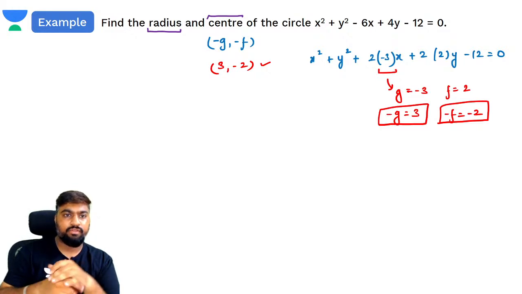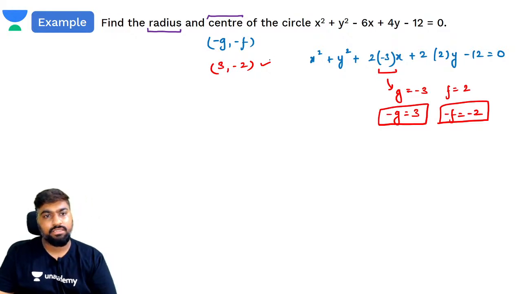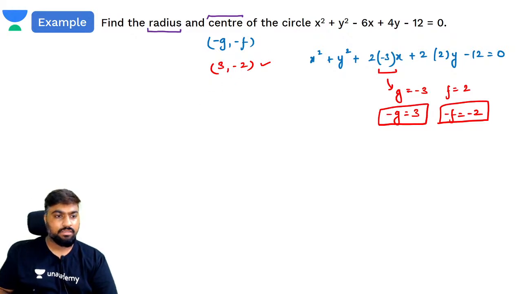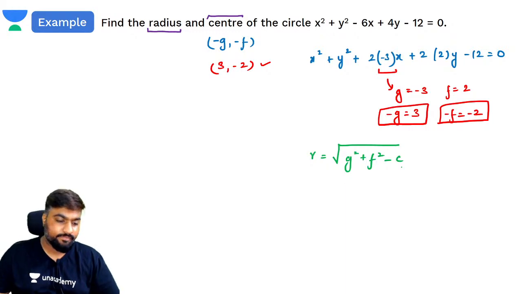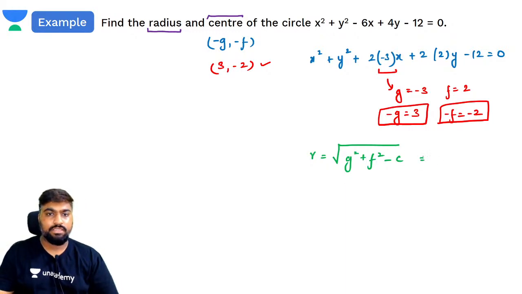So we found out the center 3 comma minus 2. Do you all agree with this? Now we also want to find out the radius. Radius is given as square root of g square plus f square minus the constant c. So what is g square? Minus 3 square, which is 9, plus f square is 2 square, which is 4, minus of minus 12, which is plus 12.